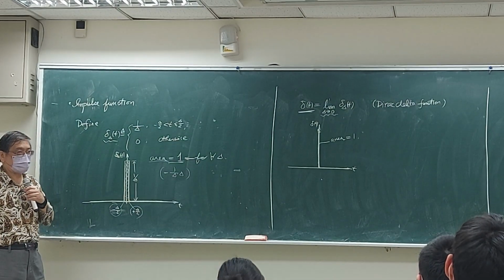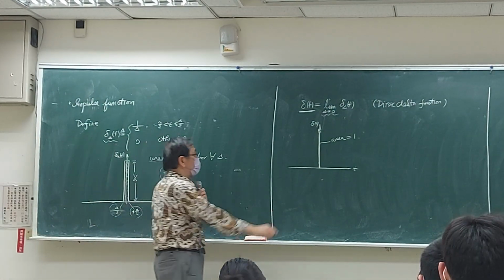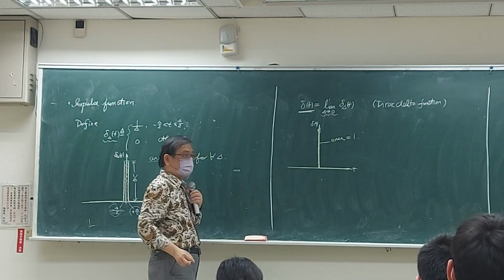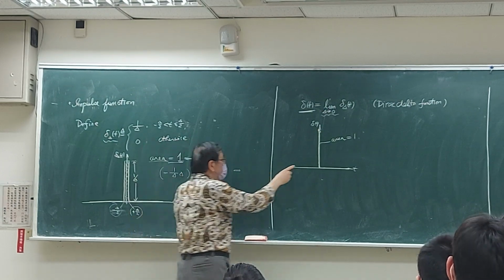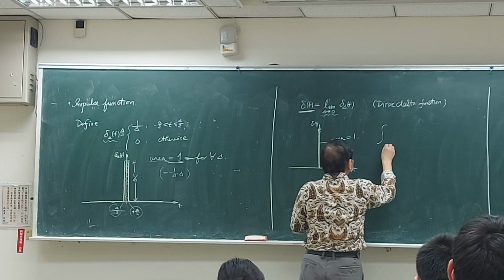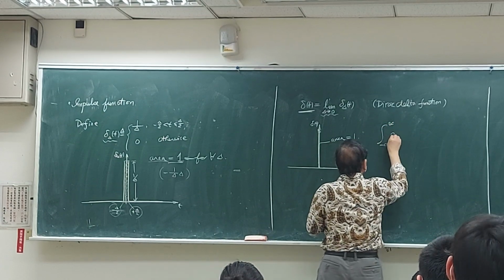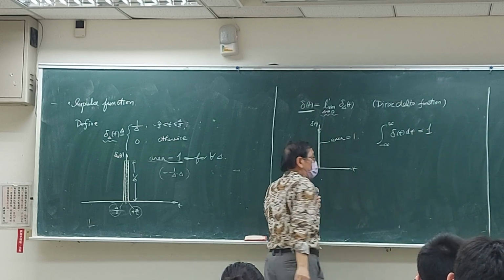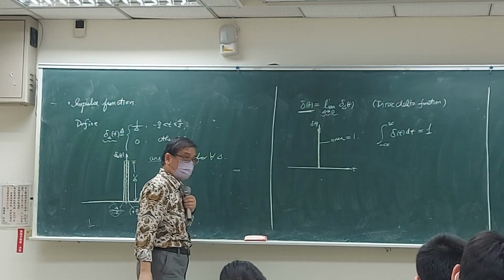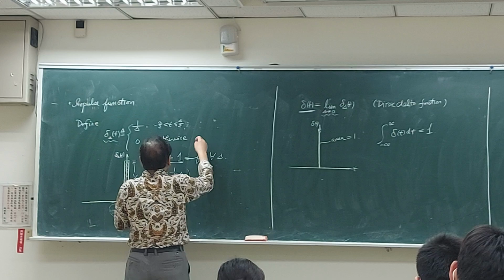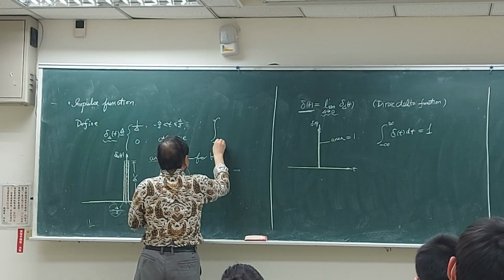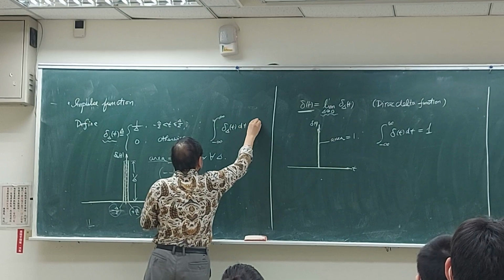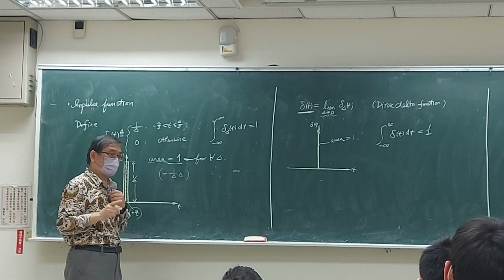So even for this very, very narrow function, the area under the function is 1. Similarly for this one, it is 1. That's a very important property.